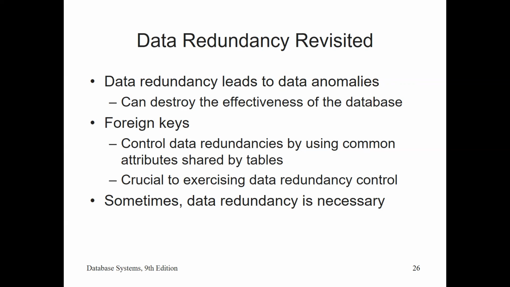The proper use of foreign keys is crucial to controlling data redundancy. Although the use of foreign keys does not totally eliminate data redundancies, because the foreign key values can be repeated many times, the proper use of foreign keys minimizes data redundancies, thus minimizing the chance that destructive data anomalies will develop.